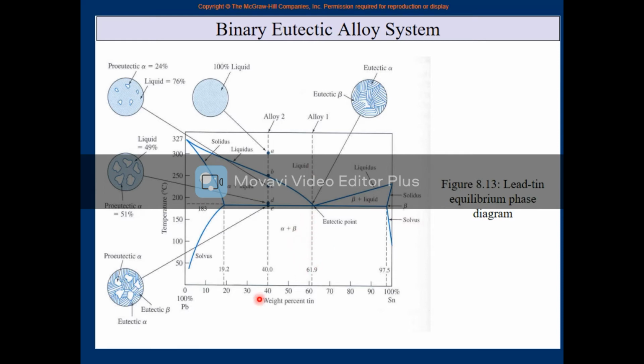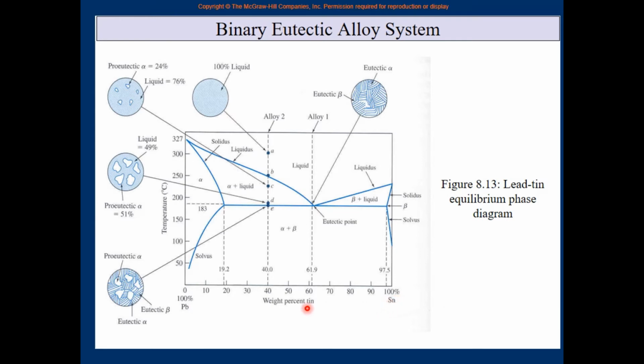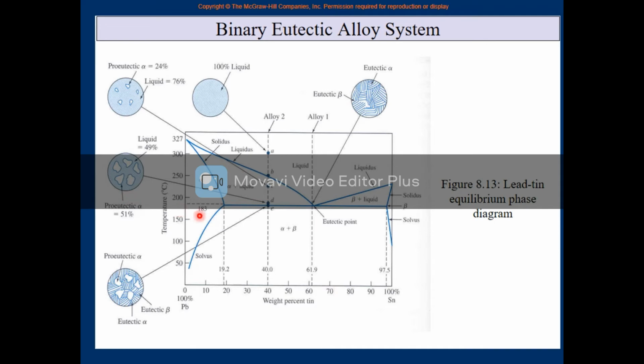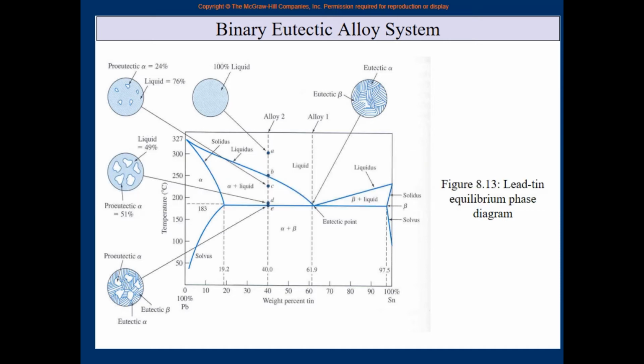Here for this lead-tin system, the composition at which it happens is 61.9% tin. It is written, right? And what temperature? 183 Celsius. So on a lead-tin diagram, if the composition of the alloy is 61.9% tin and the temperature is 183 Celsius, then what will happen?